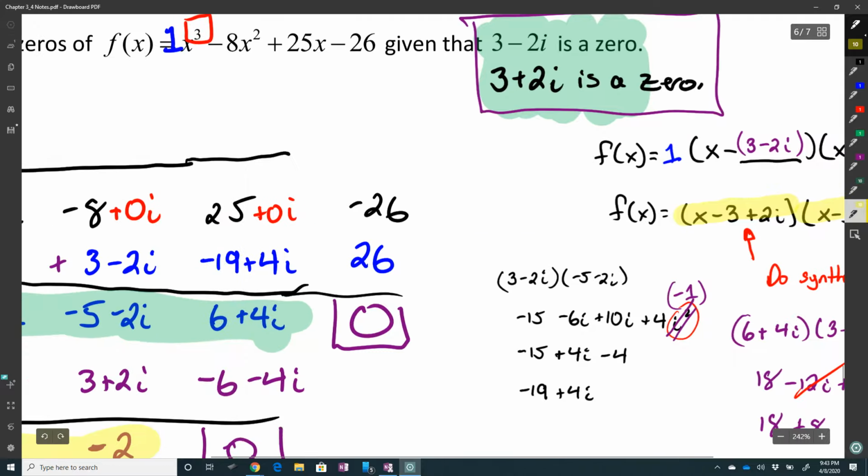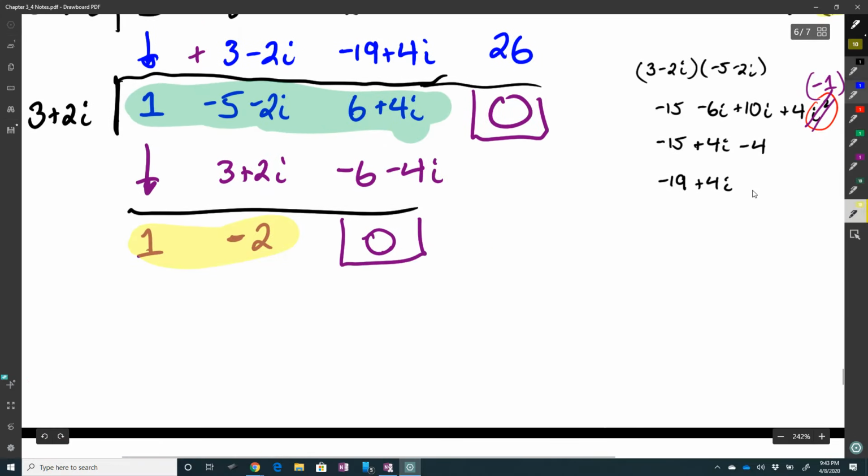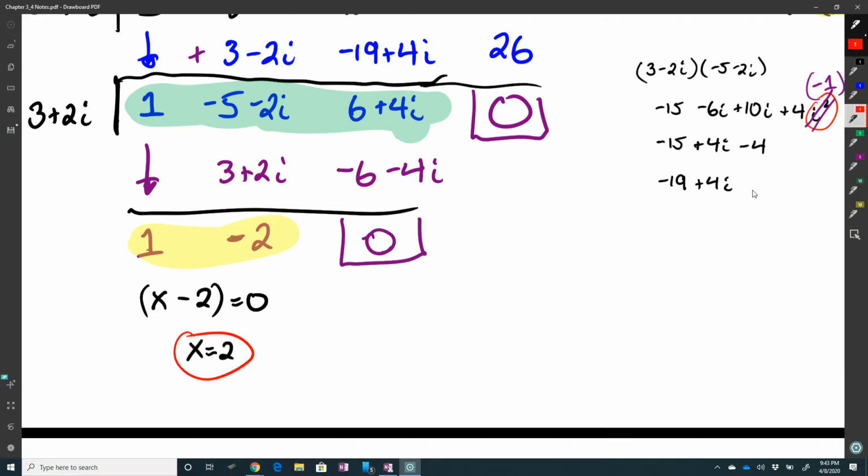And so the missing factor ends up being x minus 2. Which implies that if this equals 0, then x equals 2 is the missing x-intercept. So your x-intercepts are x equals 2, x equals 3 plus 2i, and x equals 3 minus 2i.